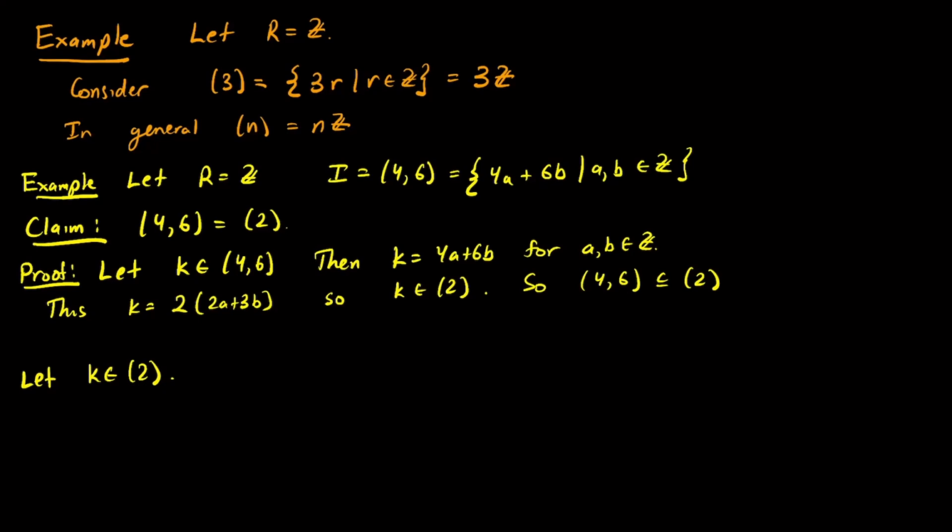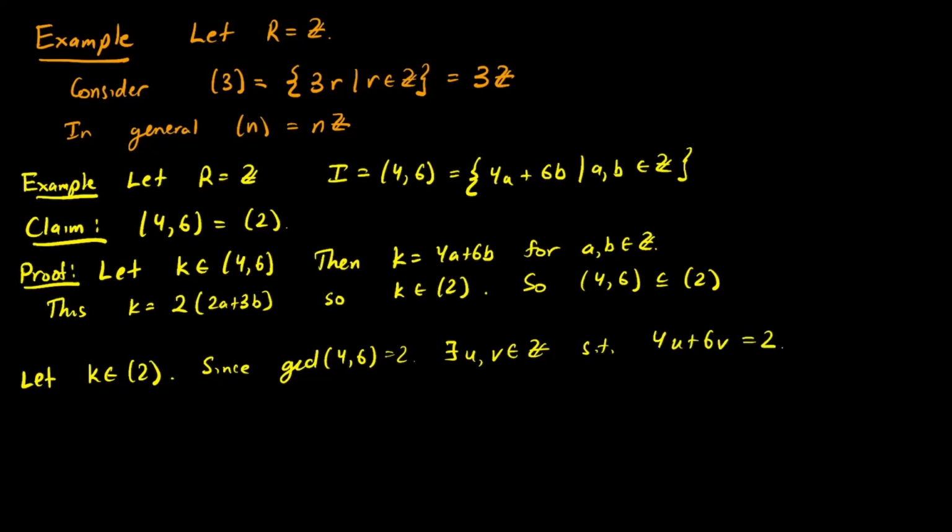Well, one thing I might allude to is the fact that 2 is the greatest common divisor of 4 and 6. Since the GCD of 4 and 6 is equal to 2, there exist integers u and v such that 4u plus 6v is equal to 2.